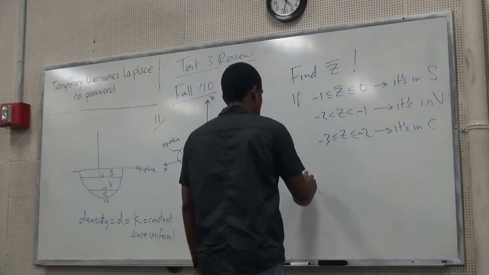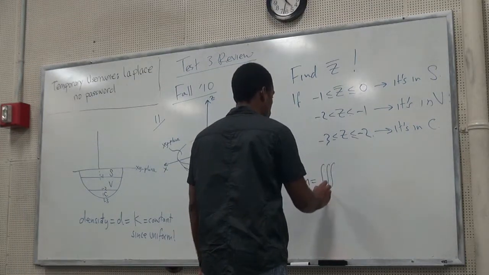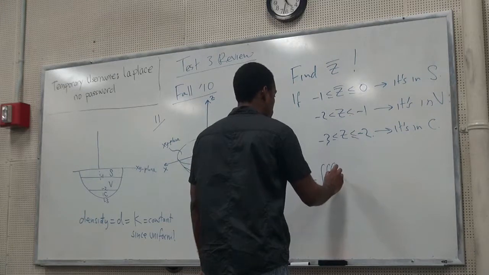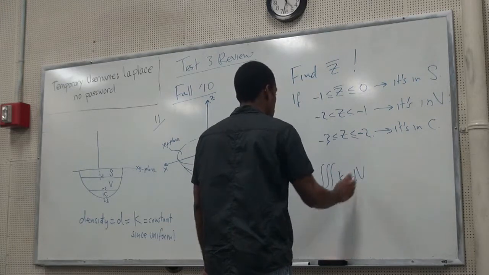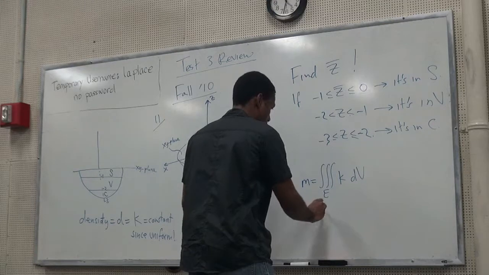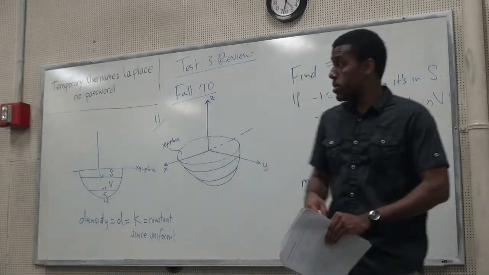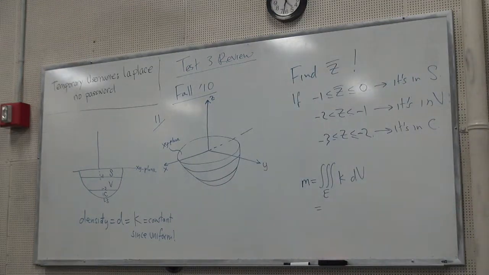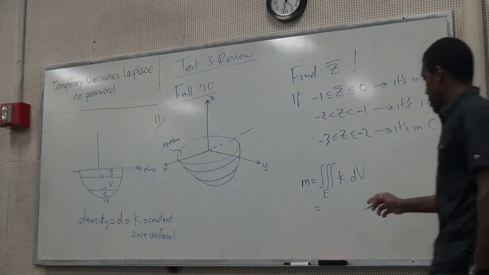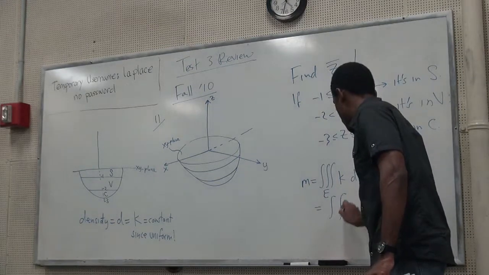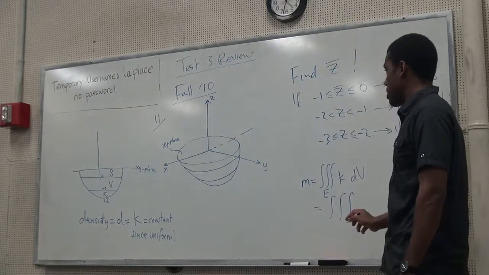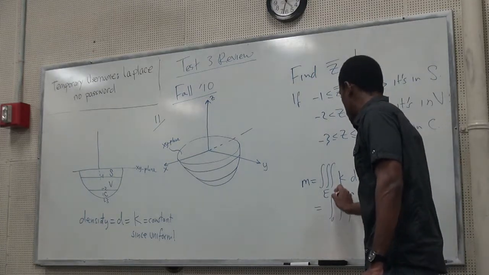So your M is just going to be the triple integral over this cup of K dV. How would you set up this integral? Spherical. And what would the limits be? Theta? 0 to 2 pi.